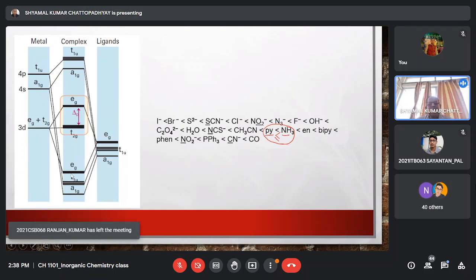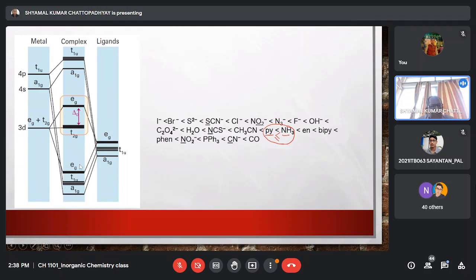And another thing I have told you at the beginning of the crystal field theory discussion, that please remember crystal field stabilization constitutes only around 10 to 15% of the total bonding energy. Main bonding energy is constituted by the overlap of the s and p orbitals with the ligand orbitals, and that you can see justified in this molecular orbital diagram.